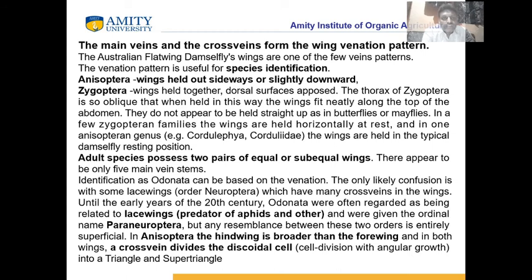Zygoptera: wings held together, dorsal surfaces are opposed. So these wings are the examples. Wings are the patterns on which identification of different insects can be done. In different orders, they have different wing patterns.